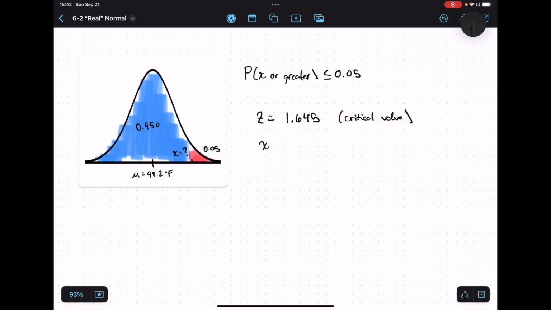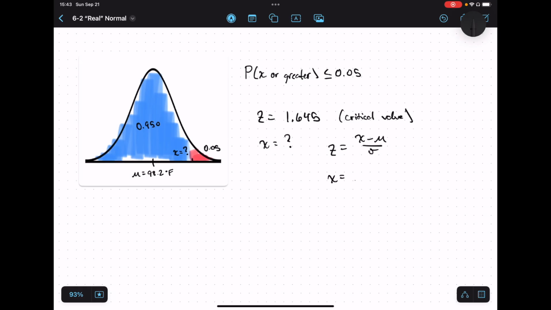So to identify our significantly high temperatures, we can rearrange our equation x minus mu over sigma. Rearranging the formula for x, we have sigma z plus the mean mu.